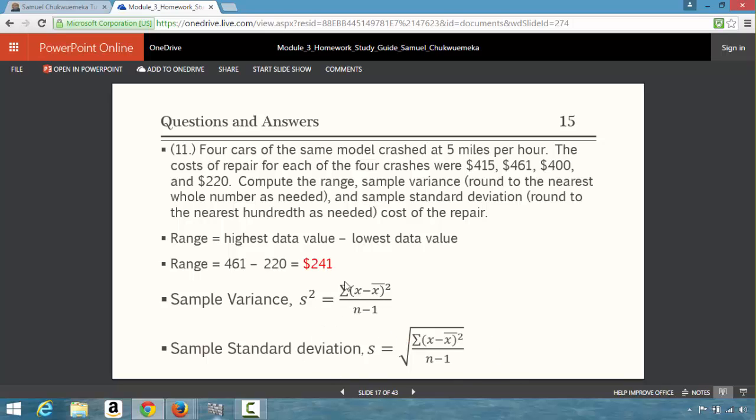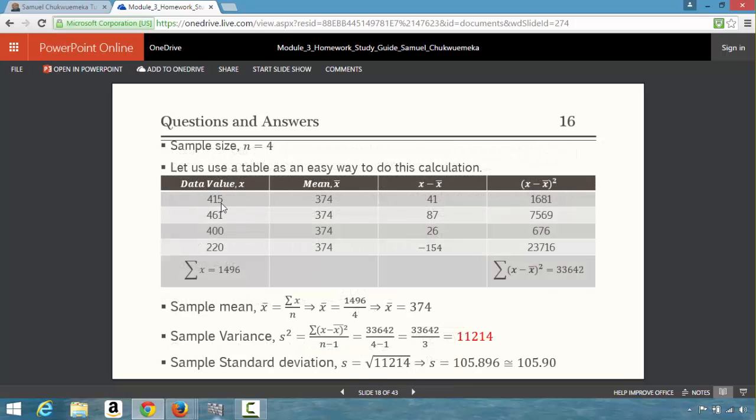All right. Some students have issues with finding the sample variance and sample standard deviation. We need to find the sample variance first. So you see we have to compute the mean. It is good to put this in a table.